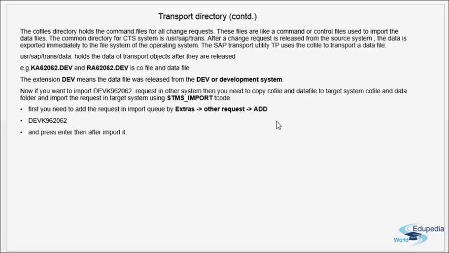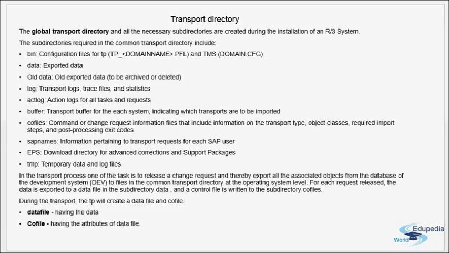These are placed in the corresponding data file and co-file directories in the transport directory. The other thing which we have seen in this video is the subdirectories in the global transport directory, like bin, data, olddata, log, actlog, buffer, cofiles, sapnames, EPS and tmp.